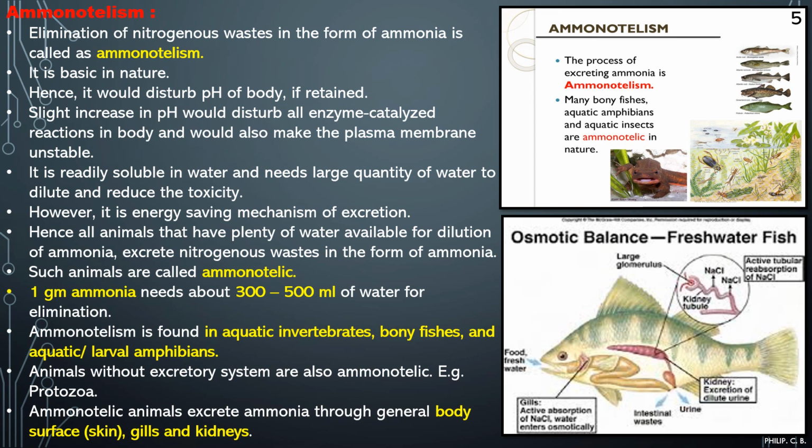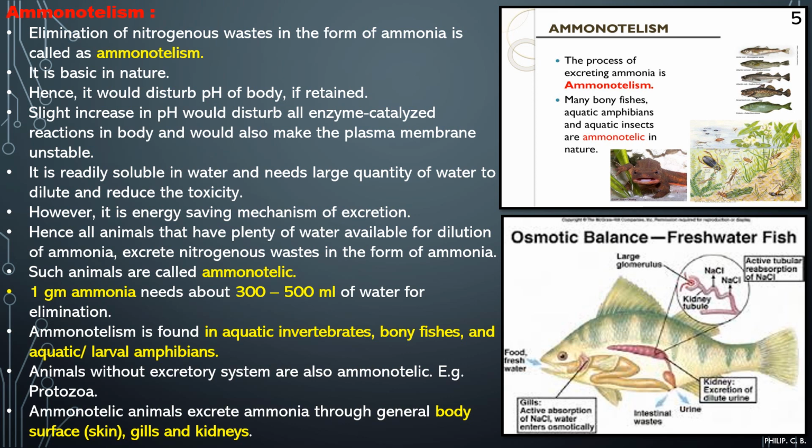Further, many bony fishes, aquatic amphibians and aquatic insects are ammonotelic, or to be very precise, the aquatic species, mainly the freshwater species. Further, osmotic balance in freshwater fish, how it is maintained, just to give an understanding.